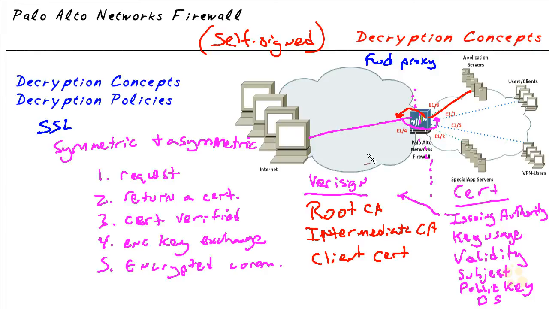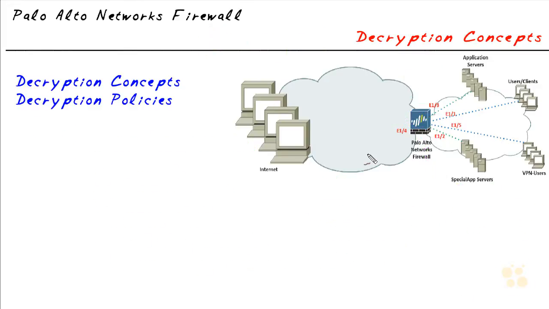Now, there's going to be a few things with this. I'm going to go ahead and clear this off because it's important to know some exceptions or caveats. When we start inserting ourselves in the middle of this, we have to pay attention to validity. At this time, it's taken from the real server.